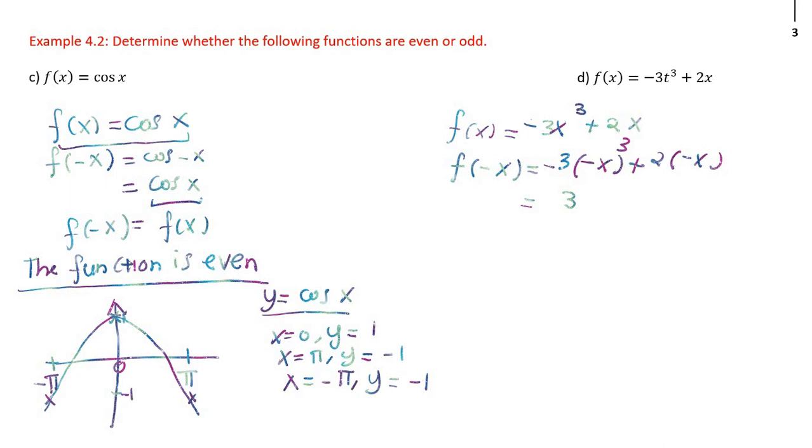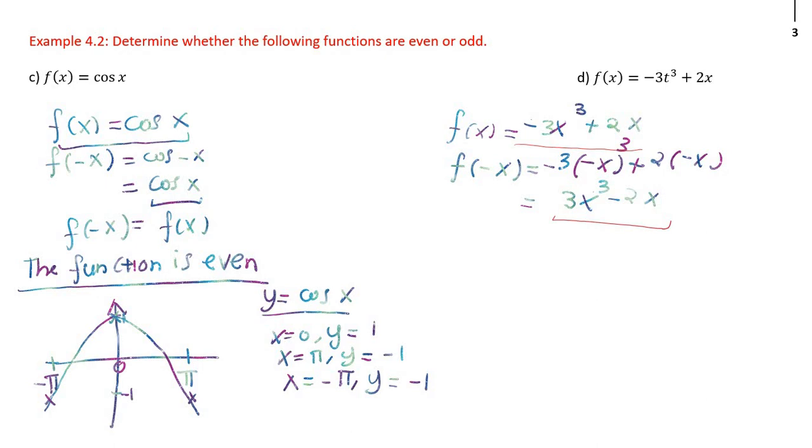Negative x cubed equals negative x cubed, multiplied by negative 3, gives 3x cubed, minus 2x. If we compare, 3x cubed minus 2x is not similar to the original, so of course it is not an even function.